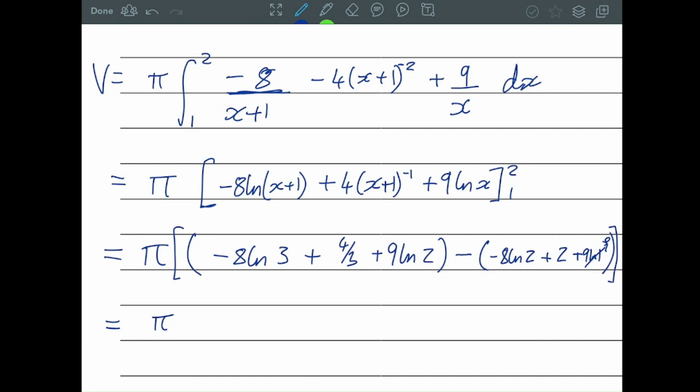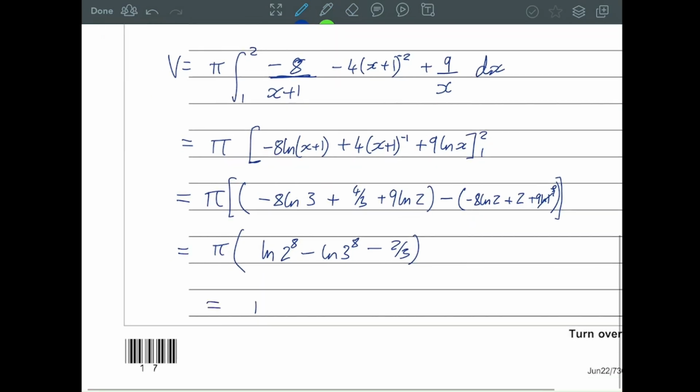Continuing, I've got a positive 8 ln 2, which I can write as ln 2 to the 8, minus ln 3 to the 8. I'm doing it that way because I know what the answer wants to look like. I've got positive 4 thirds and I'm subtracting 2, so that's minus 2 thirds. So this is going to be pi ln 2 thirds to the power of 8 minus 2 thirds.